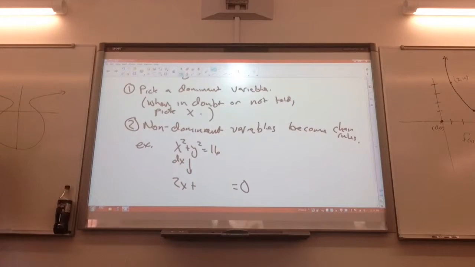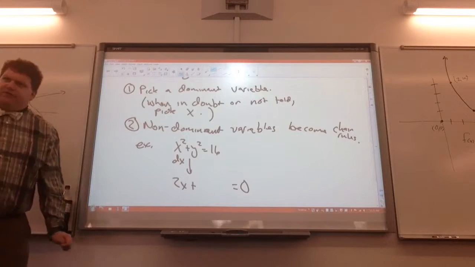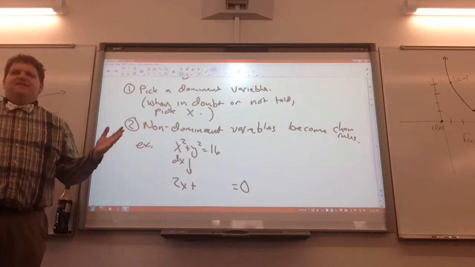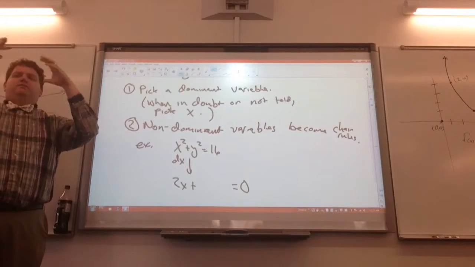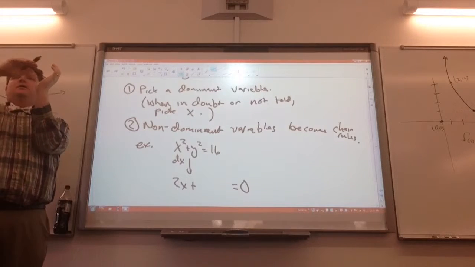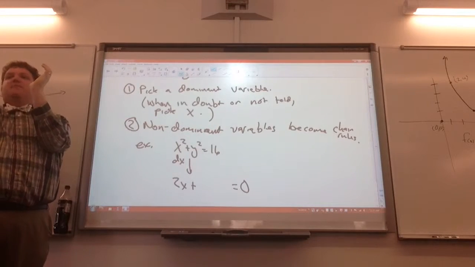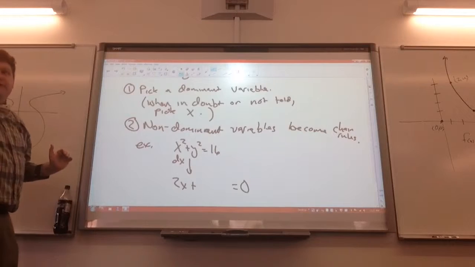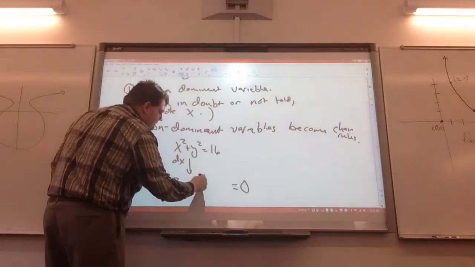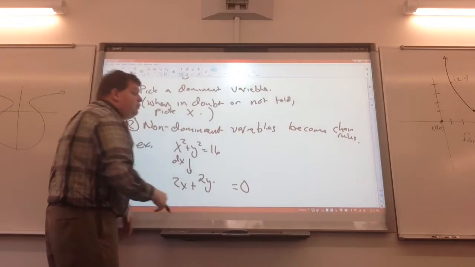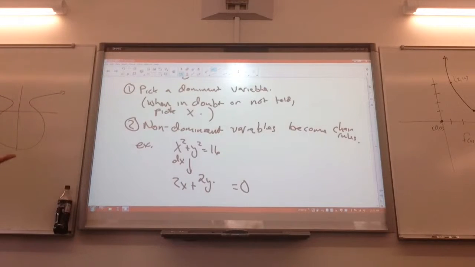Now when we hit y squared, we're going to treat it like a chain rule. So I can think of this as being y, in parentheses, raised to the second power. So it becomes, if I do chain rule, 2y times whatever the derivative of y is with respect to x.